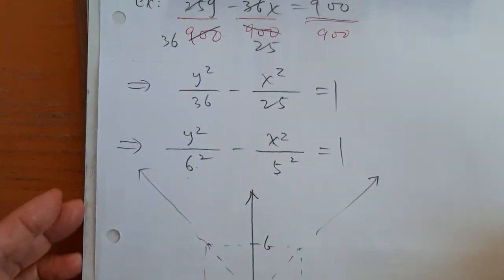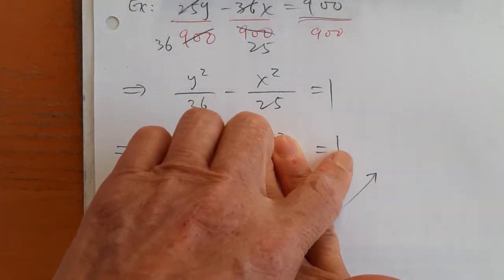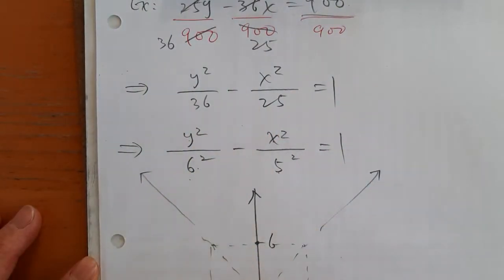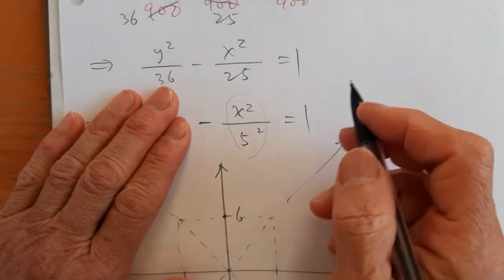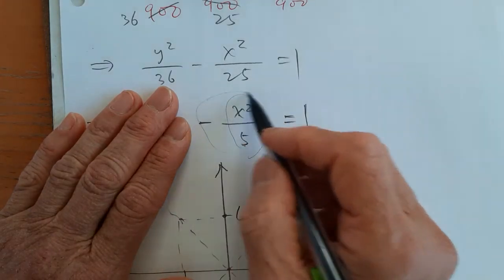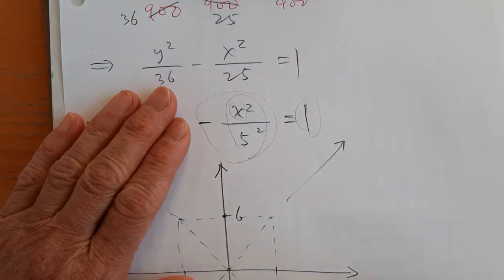In this question, if x equals 0, you get y squared over 6 squared equal 1. Take the square root. So y equals positive 6 or negative 6. That's the y-intercept. If you let y equal 0, you get a negative x term, and this is always positive because a square is always positive, equal positive 1. This side is always negative, this side is always positive. So x has no solution.